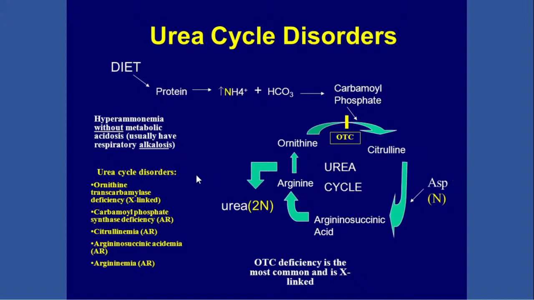This is ornithine transcarbamylase deficiency, carbamyl phosphate synthase deficiency, citrullinemia, argininosuccinic acidemia, or argininemia. It depends on which enzyme is deficient.